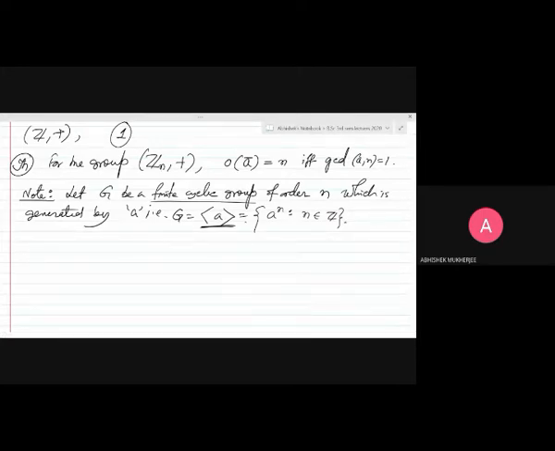We are interested in looking at how finite cyclic groups look. What are the exact distinct elements of this group? Okay, fine.